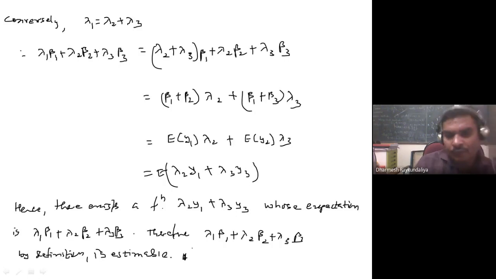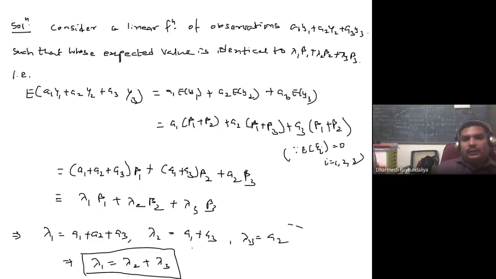Answer is okay. So what did we have to prove? First we have to prove that lambda 1 beta 1 plus lambda 2 beta 2 plus lambda 3 beta 3 is estimable if and only if lambda 1 equal to lambda 2 plus lambda 3. So what did we do? First we started: let lambda dash beta be estimable. So by estimability there exists a linear function of observation a1 y1 plus a2 y2 plus a3 y3 whose expected value is lambda dash beta. By just solving that we obtained that this is possible when lambda 1 equal to lambda 2 plus lambda 3.